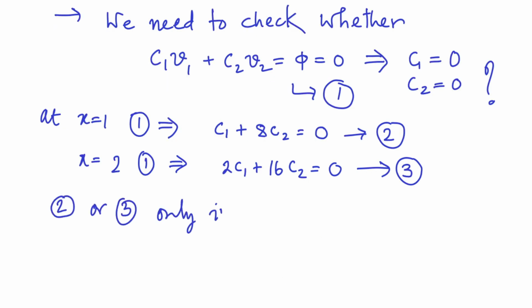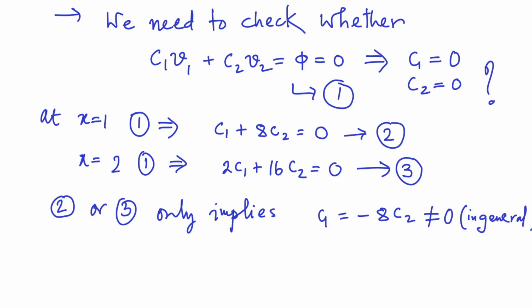Now you can check that equations 2 and 3 only imply c1 equal to minus 8c2, which is not 0 in general. It could be 0, but it need not be 0. Still, one can satisfy equations 2 and 3 with c1 and c2 not being 0.